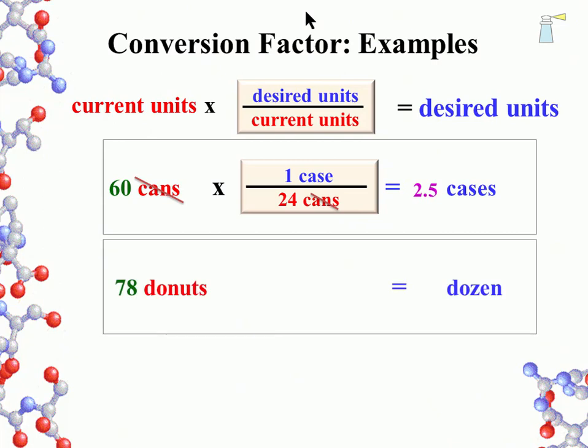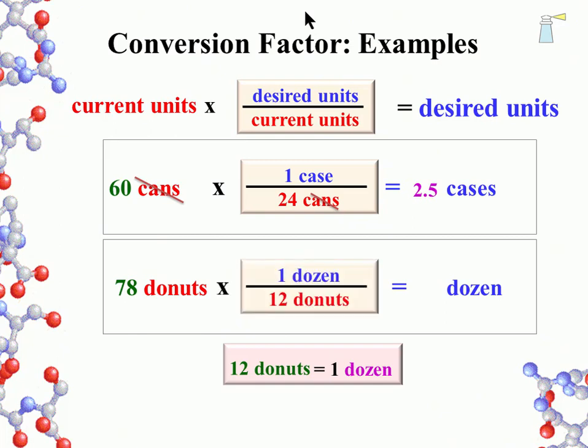The next conversion gives 78 donuts and asks for the number of dozen donuts. Beginning with an equality, 12 donuts equals 1 dozen donuts, the correct orientation of the unit factor to be inserted in as a conversion factor will be the one that has single count of donuts, the current unit, in the denominator.